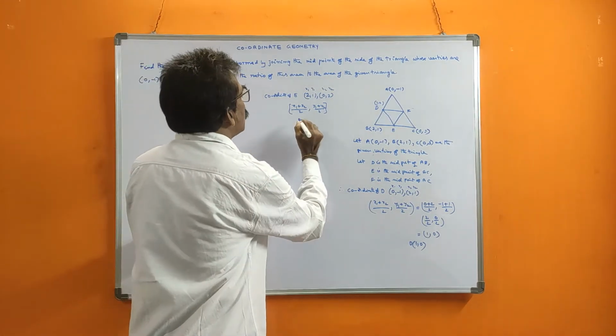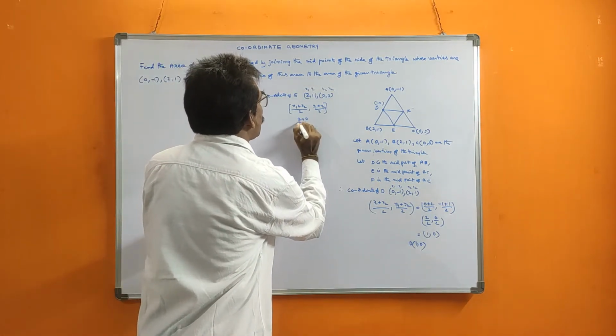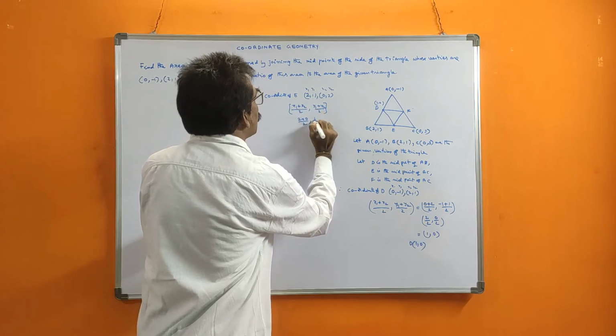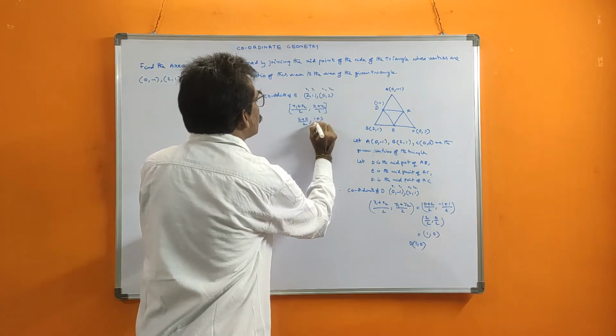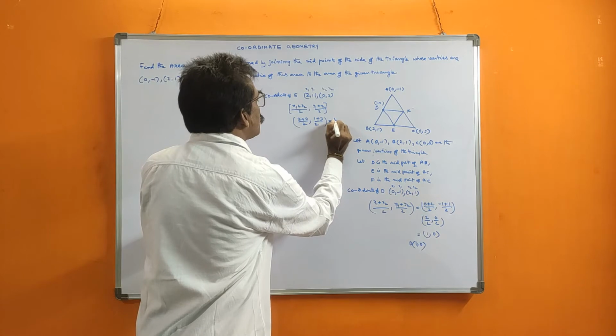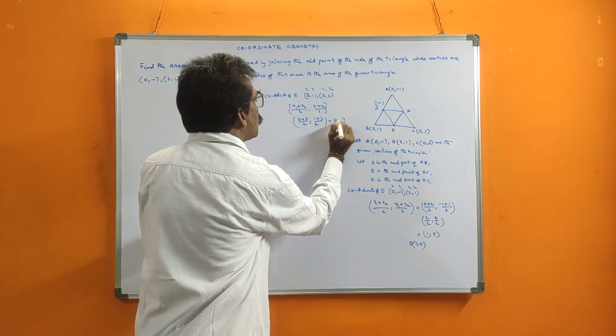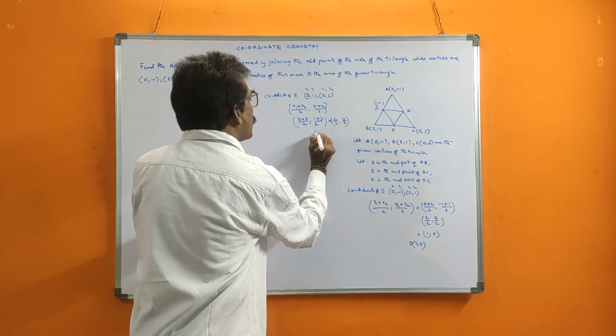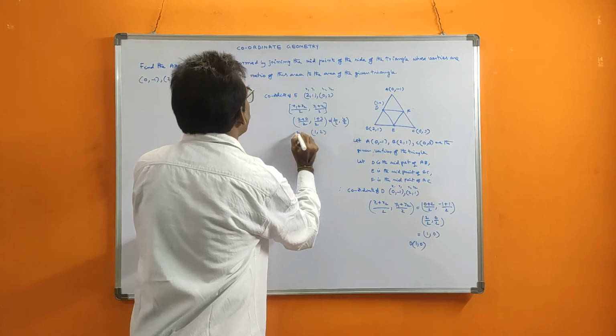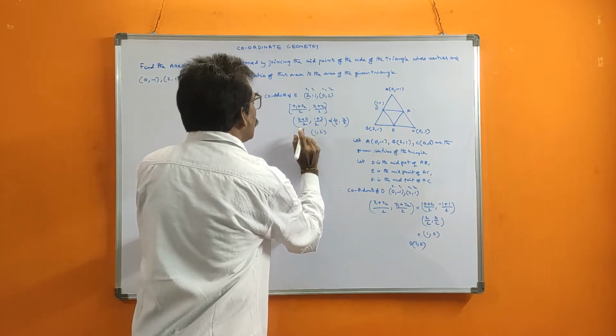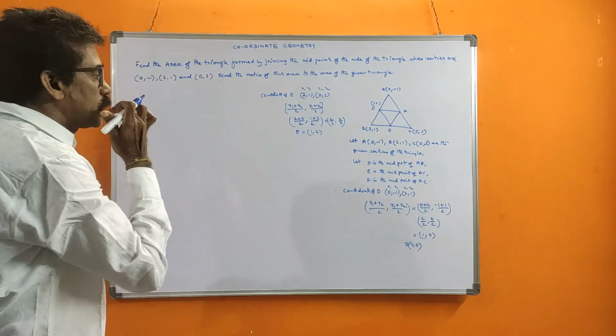Now calculate: (2 plus 0) by 2, comma, y1 is 1 plus y2 is 3, by 2. That is 2 by 2, comma, 4 by 2, which is 1, comma, 2. This is E. E is equal to (1, 2).